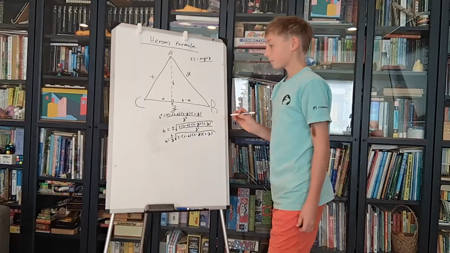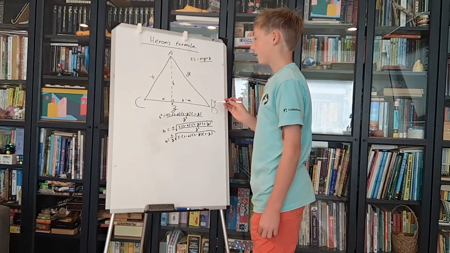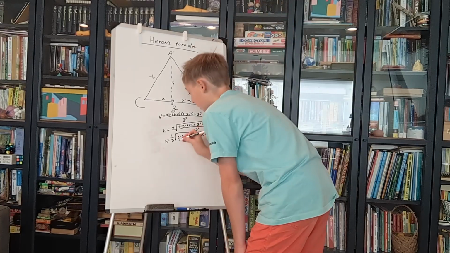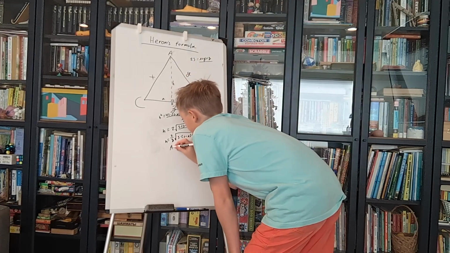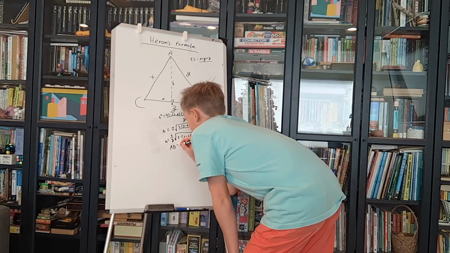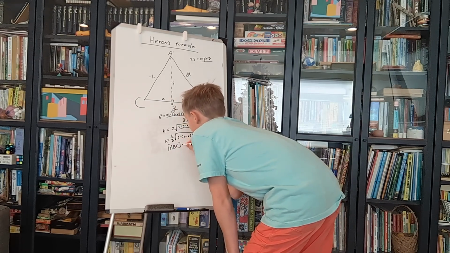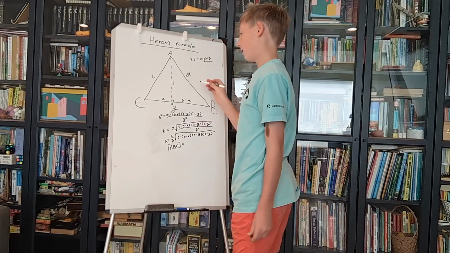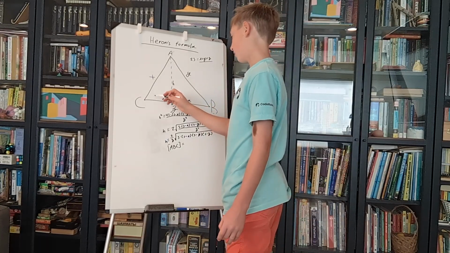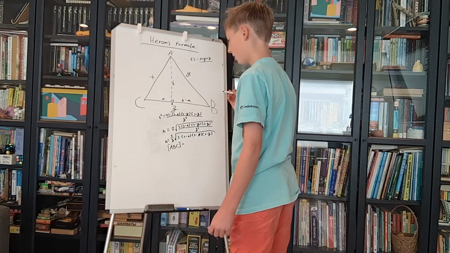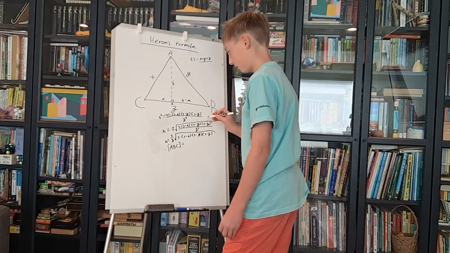And then the whole area of the triangle ABC is equal to the height times the base. So the base is z, and it's 1/2 of all of that.